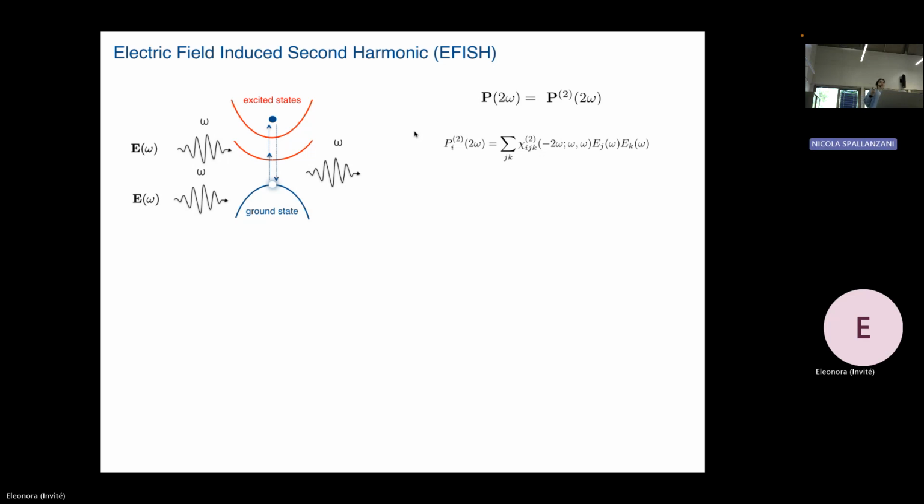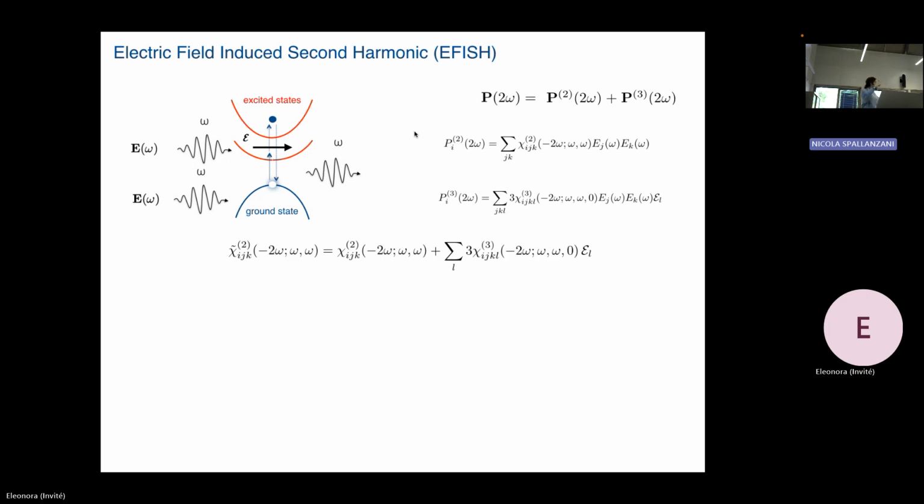Here we start from second order response, so second harmonic generation, and we have another field. So we have a static field, we have three fields. So it's a third order response, and the two added together, so the total polarization of your system is a sum of second order plus third order response.